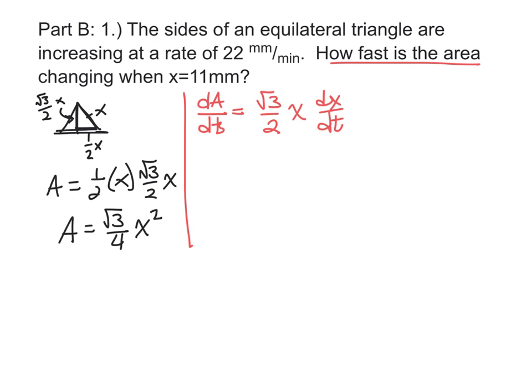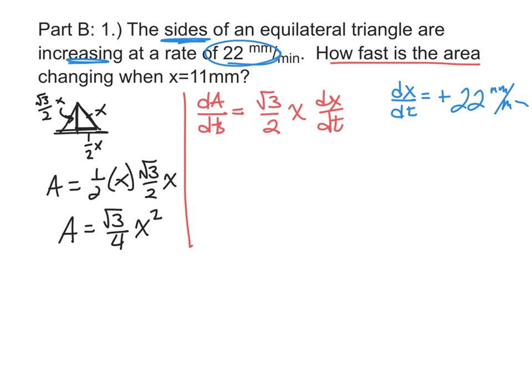We know that the sides of an equilateral triangle are increasing at this rate. What that means for us is that the side was x, and the rate of change would be dx/dt. Since it's increasing, it's positive, and its value would be 22 millimeters per minute.